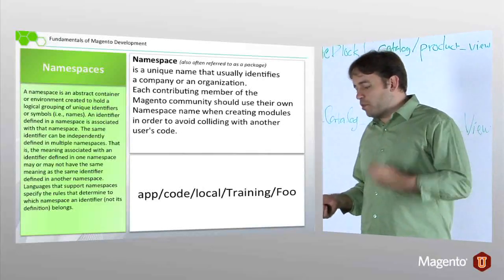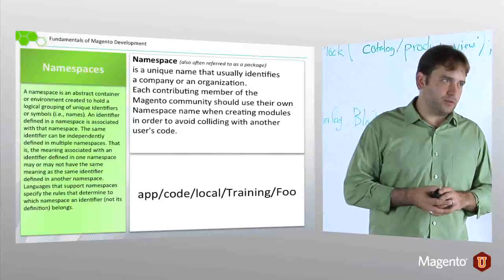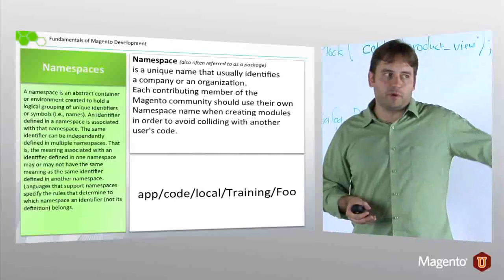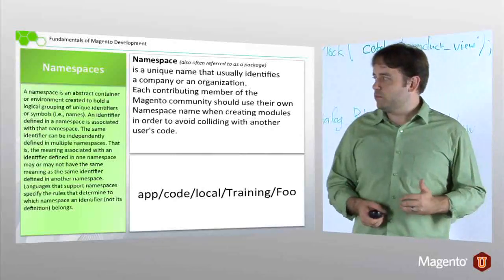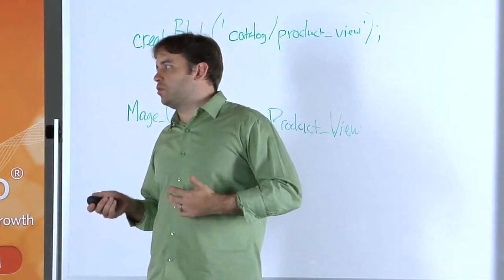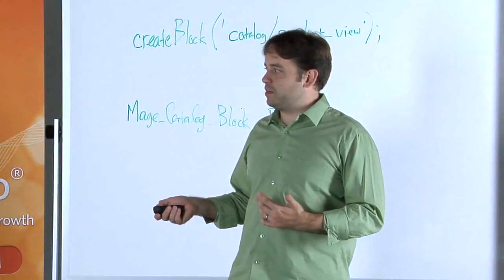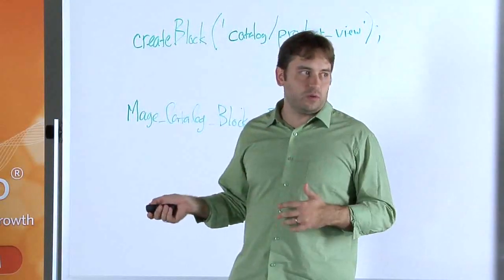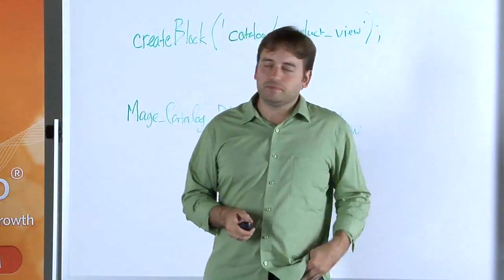Because we deal with lots of different clients, I may not remember 8 months from now what's been customized for a given site. I know I can look under app code local in my company's namespace, and if I see a module name identical to a core module name, I'll know that I'm probably rewriting something.